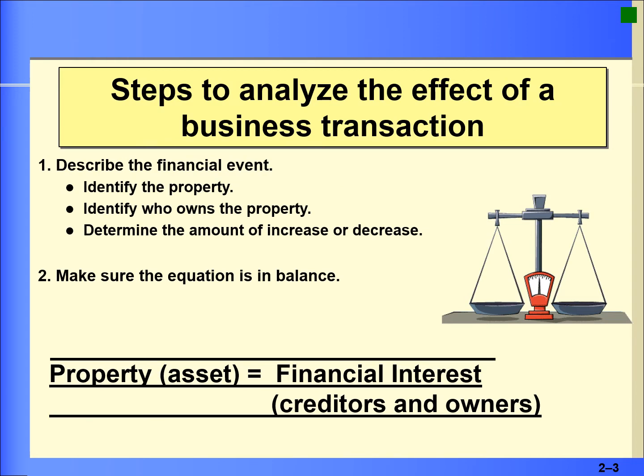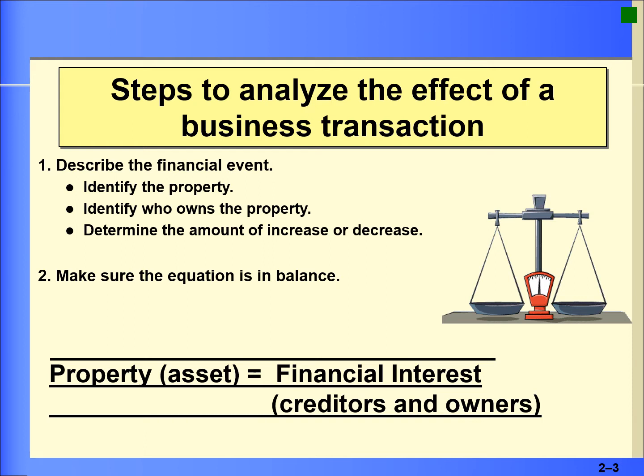So you're going to see, there are some steps you need to go through to identify what are business transactions. And I'll just say that a business transaction is going to be some sort of transaction. Notice it says describe the financial event. It's anything that's going to affect the financial statements at some point in time. Now, obviously, they talk about identifying property, who owns property, and so forth. That'll take care of itself when we look at some of the types of transactions.